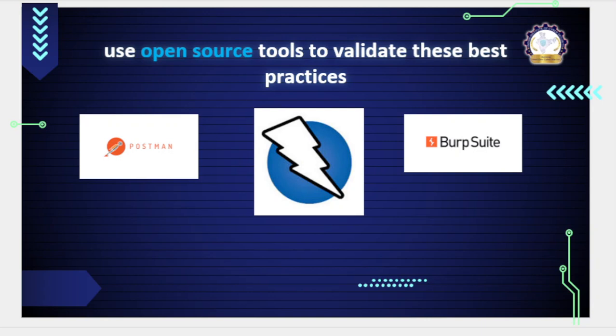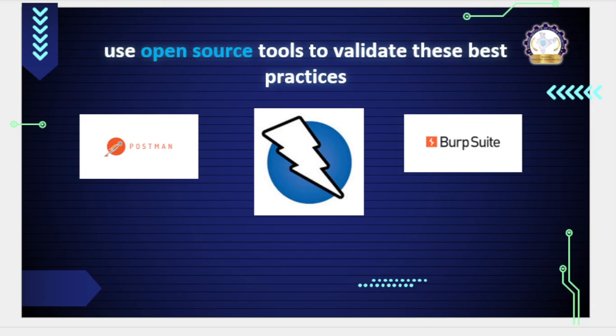Ensure that the API enforces strong password policies such as password complexity, password expiration, and password history. Multi-factor authentication. Test whether the API supports multi-factor authentication and ensure that it is enforced for all high-risk actions. Token management. Ensure that the API uses secure token management practices such as token expiration, token revocation, and token refreshing.